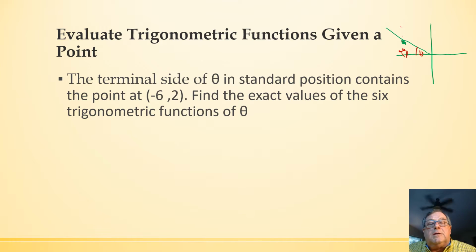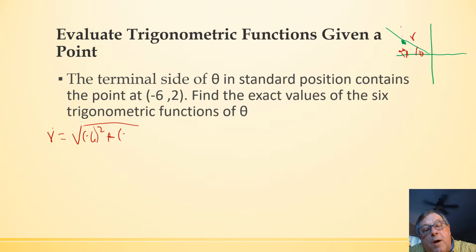All right, so then our sine, well, first we've got to find the value of r. This is r. So we can use the Pythagorean theorem so that r is going to equal the square root of negative 6 squared plus 2 squared. Remember Pythagorean, a squared plus b squared equals c squared.